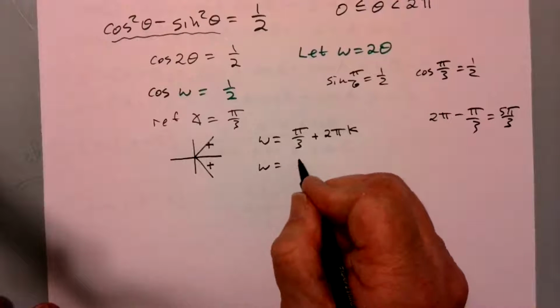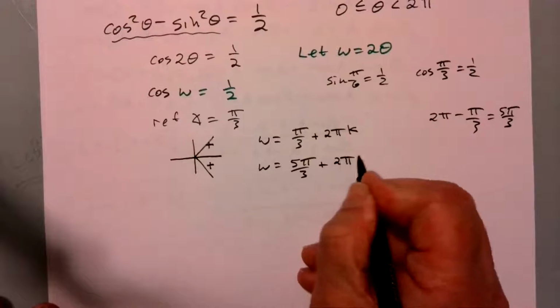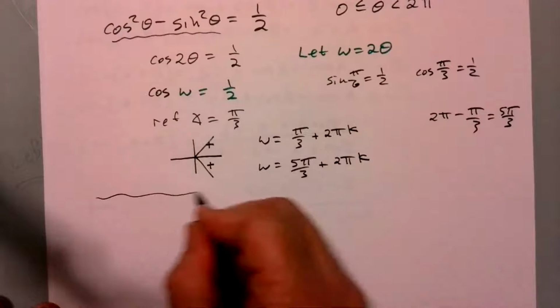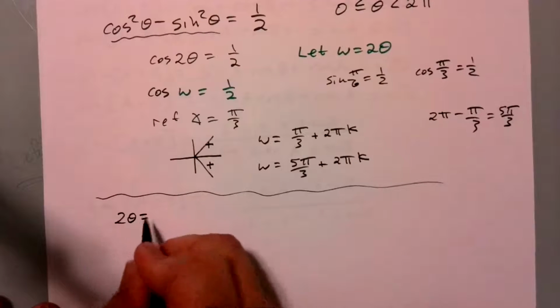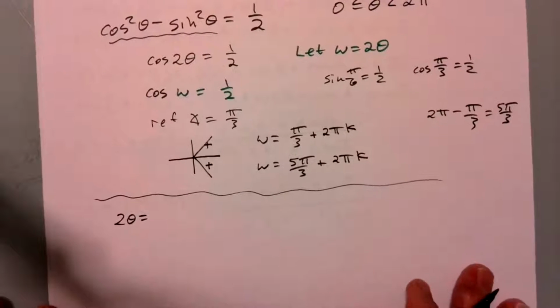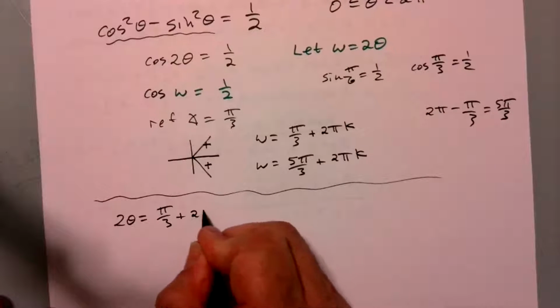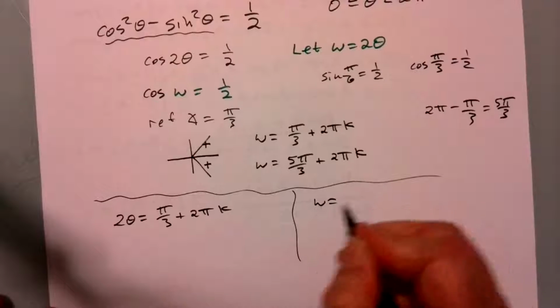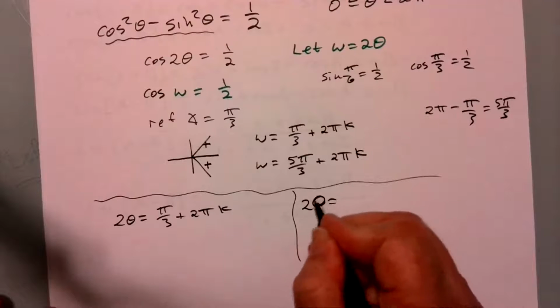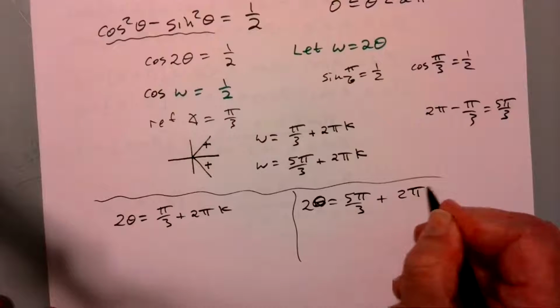So here W is 5 pi over 3 plus 2 pi k. Well, what is W? W is 2 theta. So 2 theta is pi over 3 plus 2 pi k. Over here, W, which is 2 theta, is 5 pi over 3 plus 2 pi k.